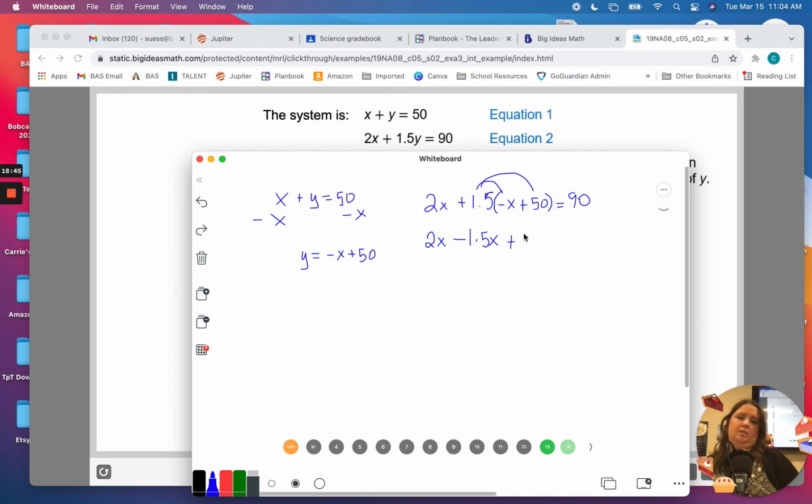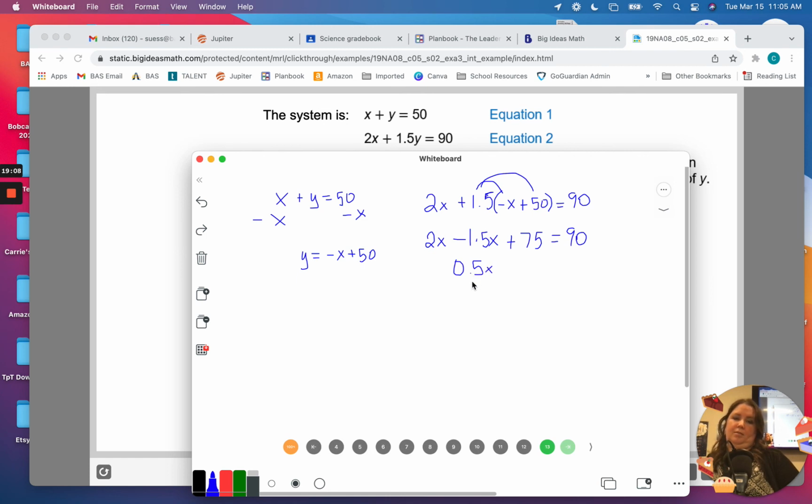So plus 75 equals 90. Okay, now what am I going to do? Combine like terms. What is 2 minus 1.5? 0.5x.